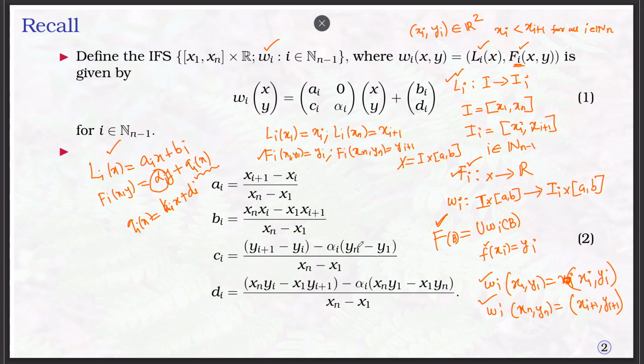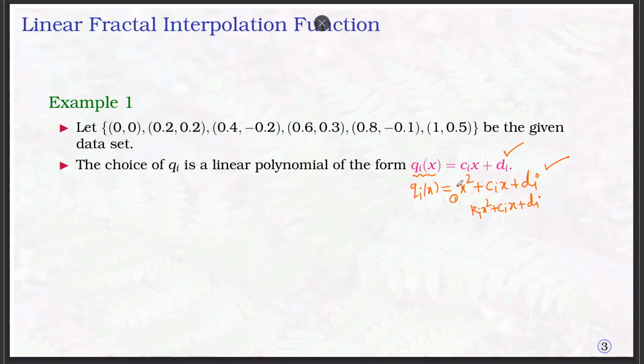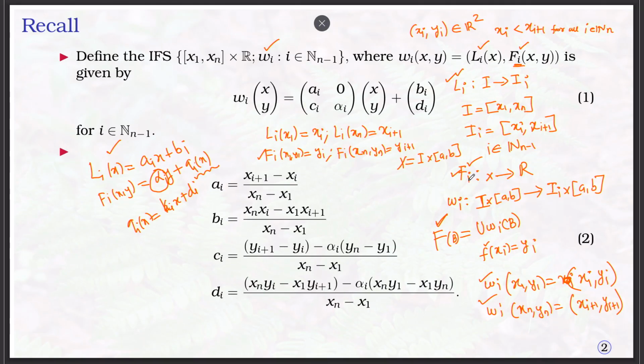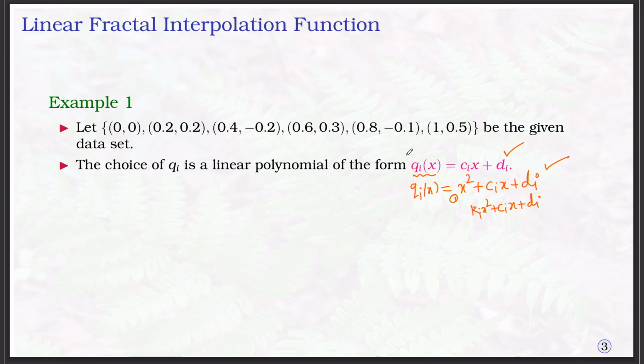Now instead of this linear form, if one chooses the quadratic function, what will happen with respect to the initial conditions? The initial conditions are Fi(x1, y1) = yi and Fi(xn, yn) = yi+1.